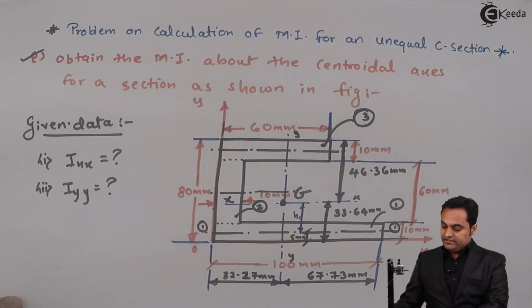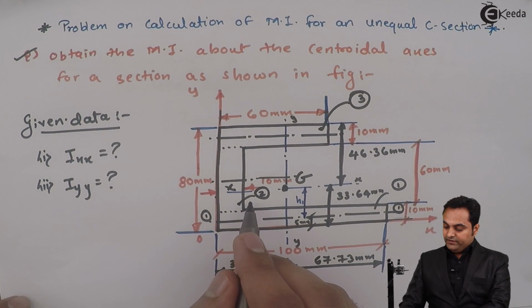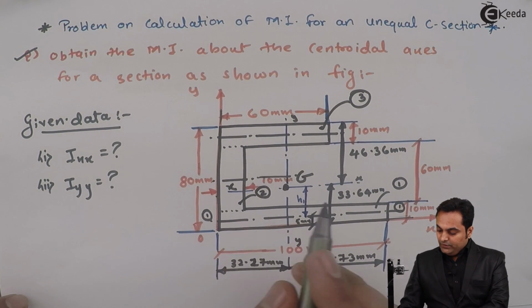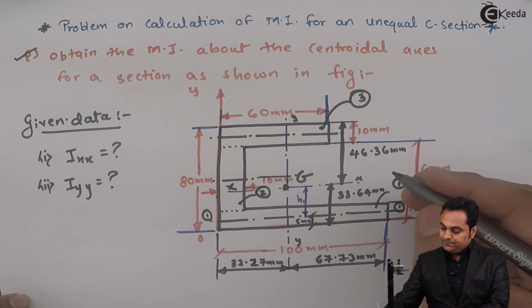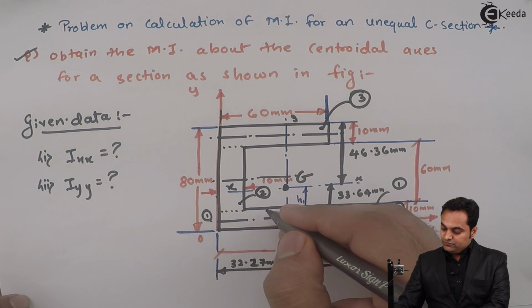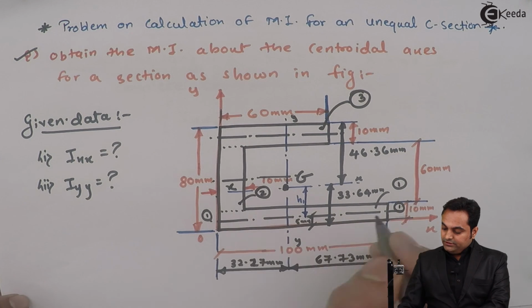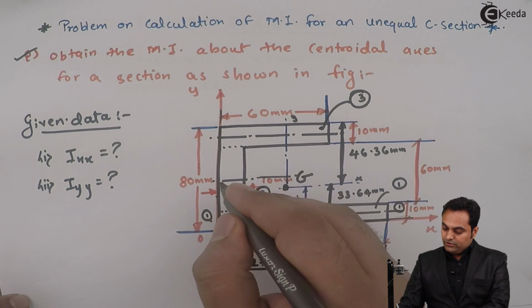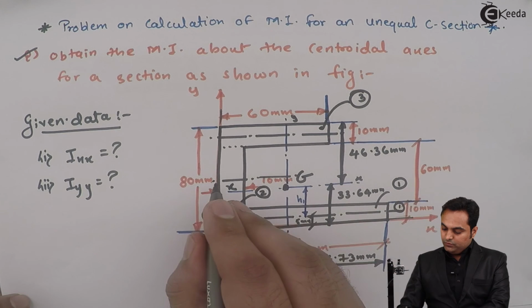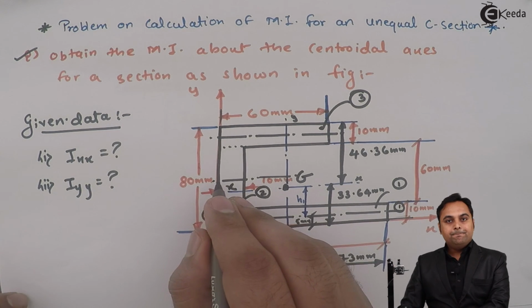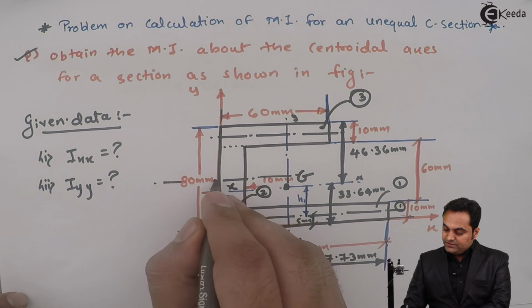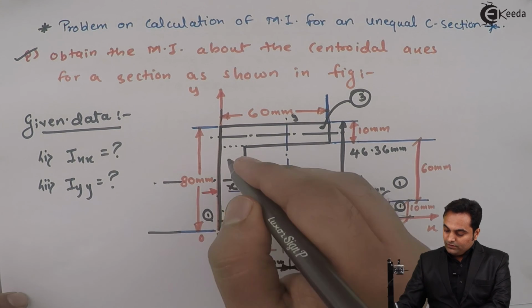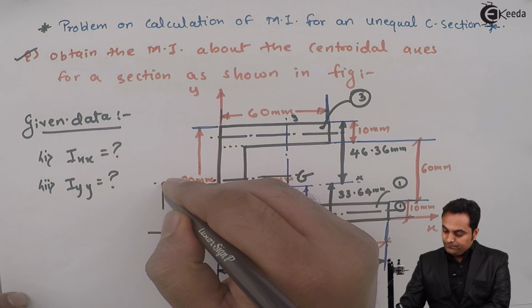If we see the x-axis for second rectangle, it would be 40 mm from bottom. That is, here this is the x-axis for rectangle number 2.